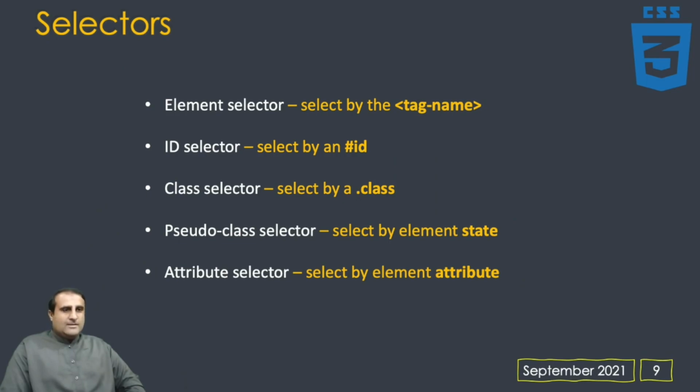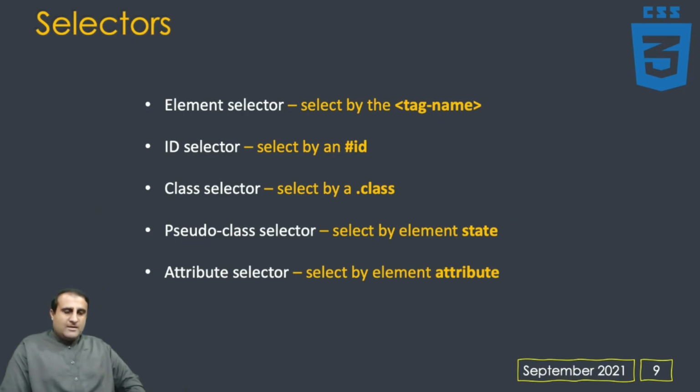So for ID, it is the pound sign and the name of the ID. The class is dot and the name of the class. And then we have pseudo class selectors. Pseudo class selectors are applied by the state the particular HTML element is in. So we can apply styles to HTML elements based on their state with pseudo class selectors.